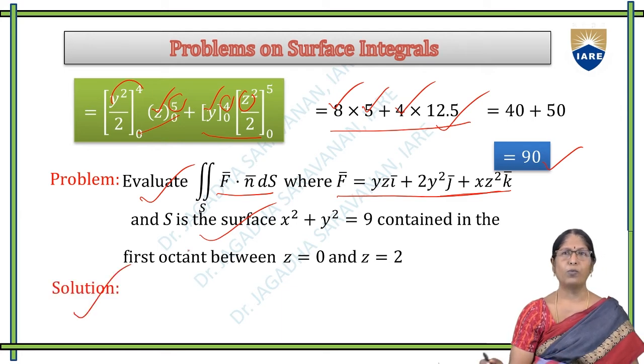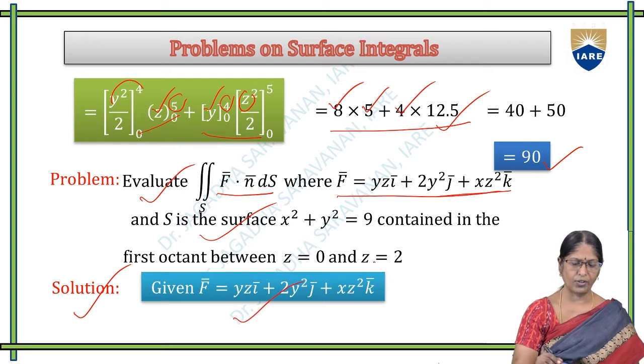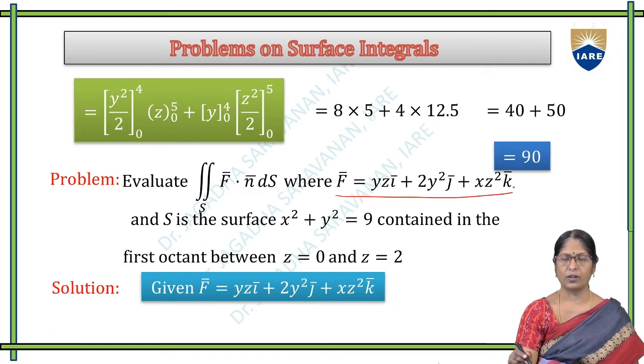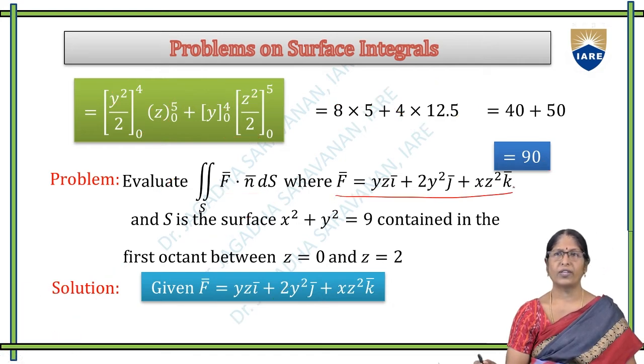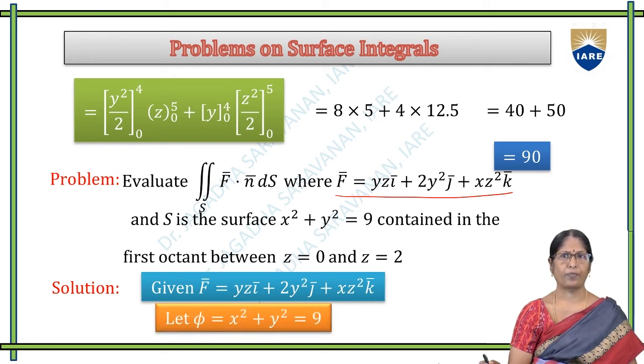Now we will move to the solution. So we can see the question conditions. F equals yz i plus 2y² j plus xz² k.